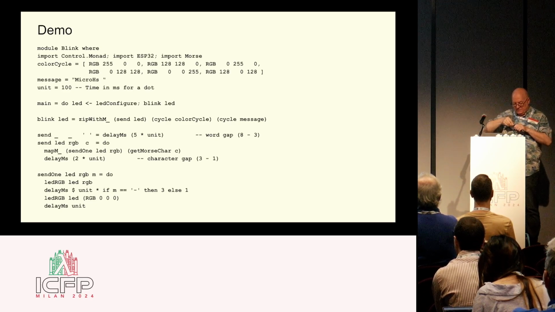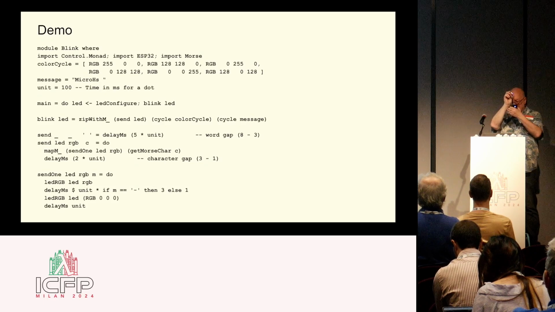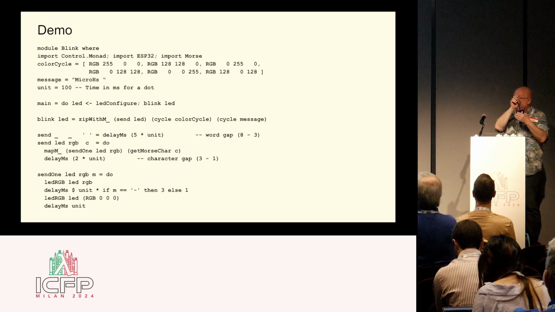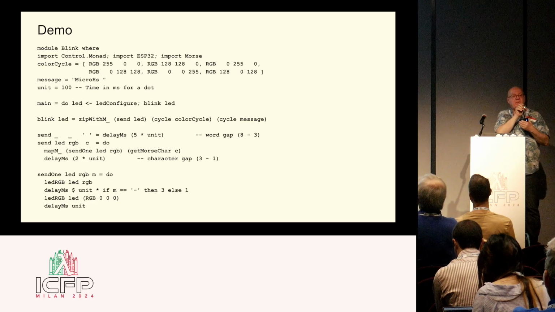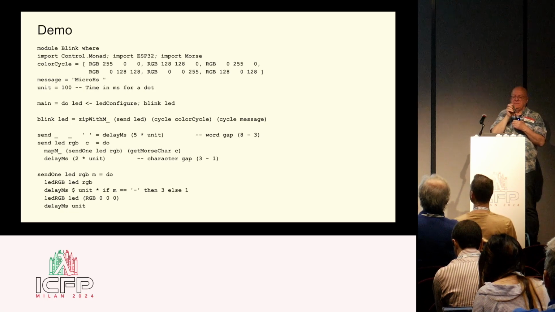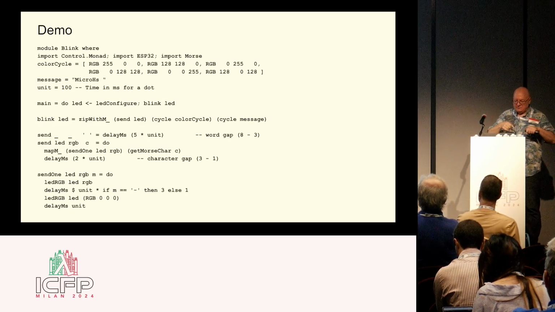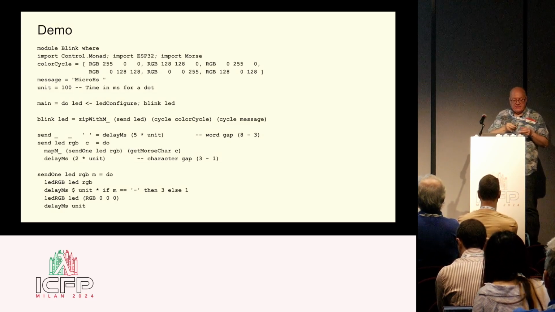I saw it flash there for a moment. It's just a stupid USB. So it's signaling MicroHs, I think, in Morse code. You can see the Haskell code there that's running. It's a few bits missing that is doing the CFFI calls. So yes, it can run on micro things.